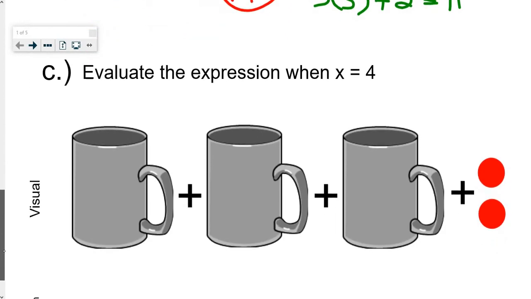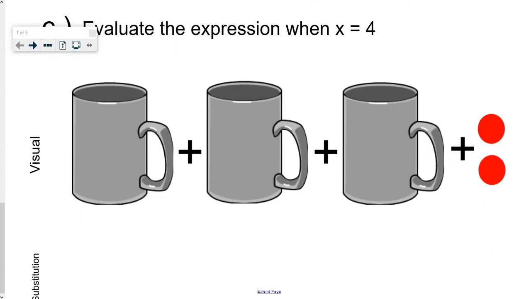So evaluate the expression when x equals 4. Every time we're going to go through, we're going to put a 4 here, and we're going to put a 4 there. And we know that 4 plus 4 plus 4 equals 12, plus 2 equals 14.